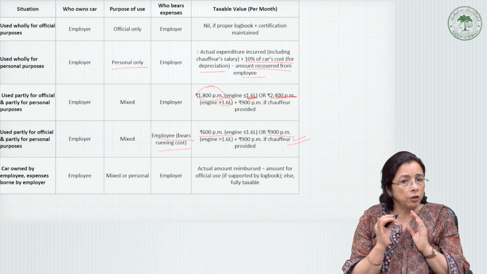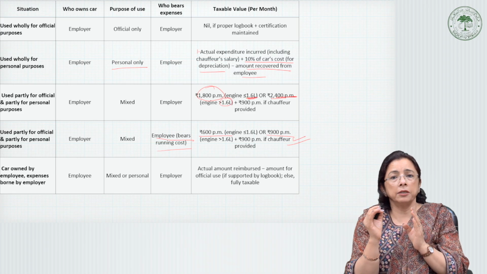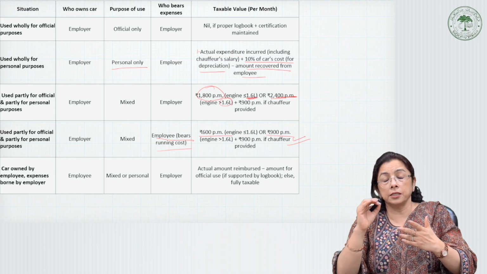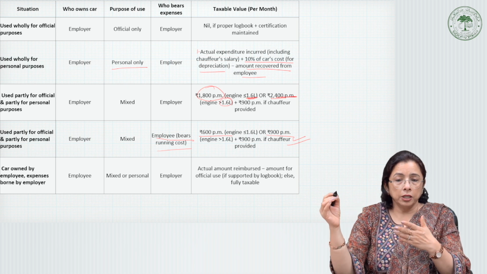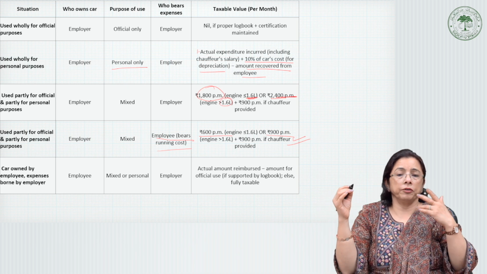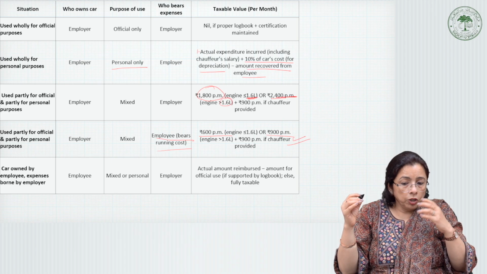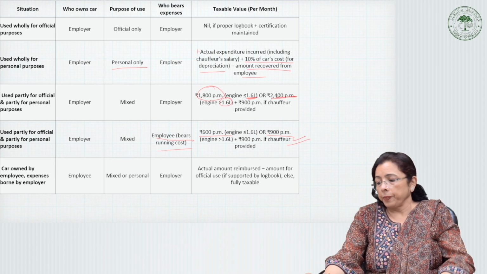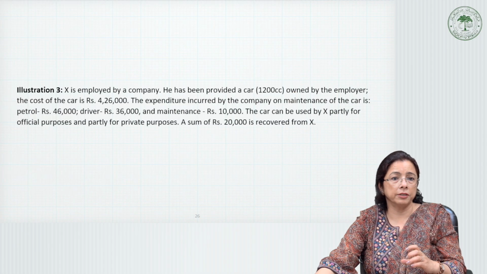If it is purely official, obviously you will have to treat it as nil, but if it is personal or mixed use, then accordingly we will calculate on the basis of actual expenditure or on the basis of the volume of the engine. Okay, so this is about the car part, that is the perquisite.